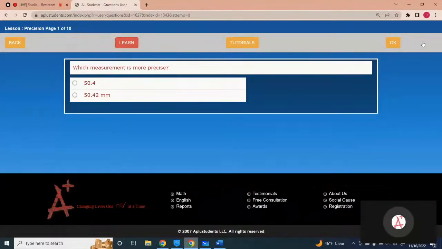Because the one with the two decimal places is measured to the hundredths of a meter. Got it? So the smaller one are the precise. So it would be 50.42 is the precise one. Got it?